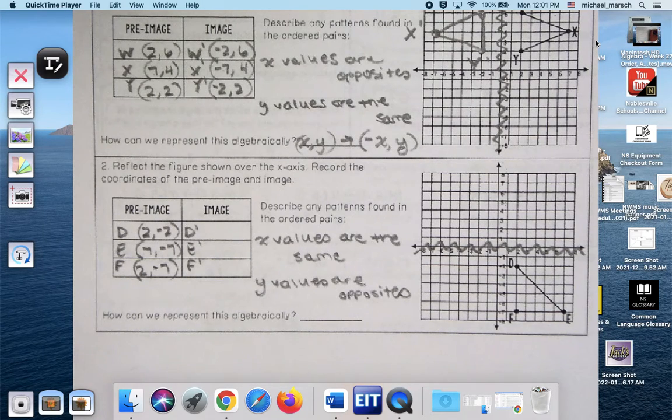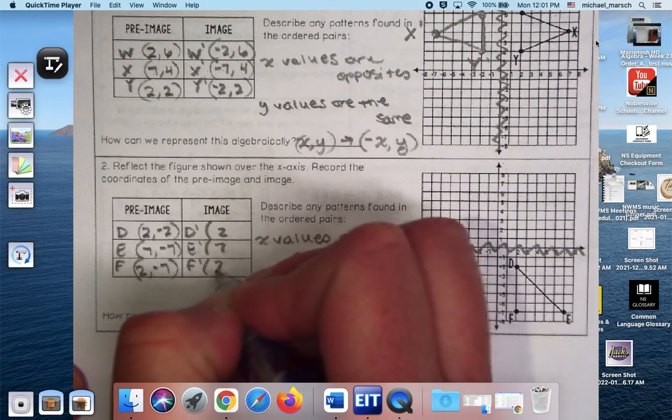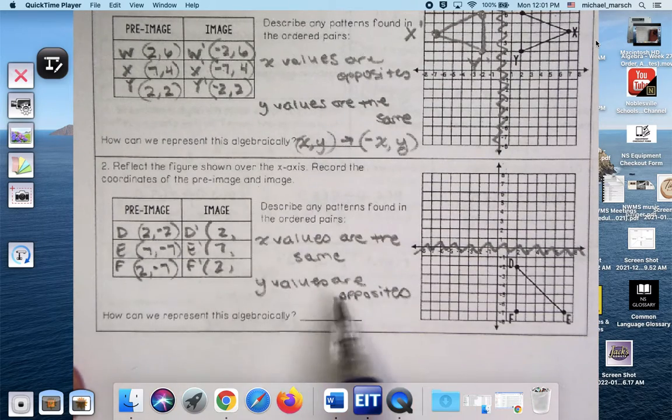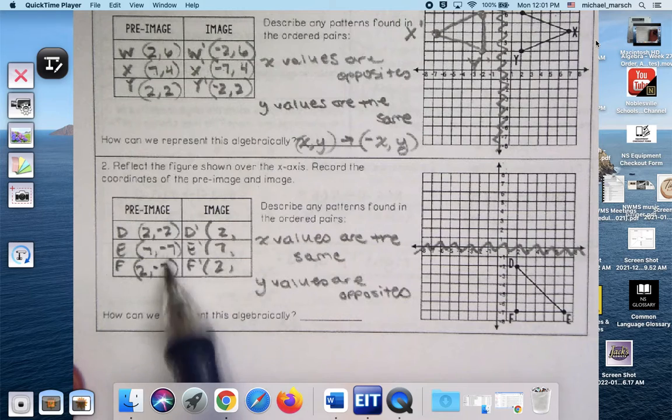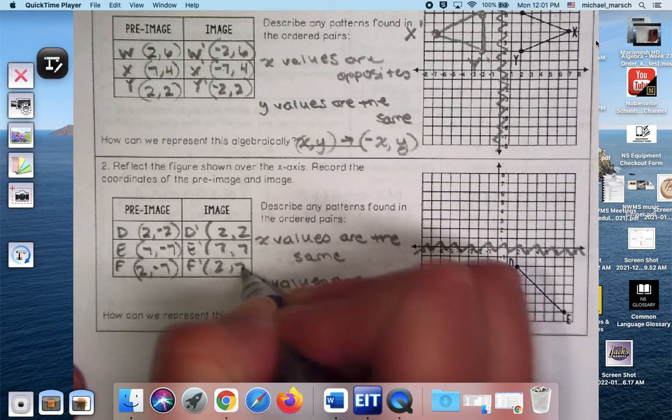My x values are going to be the same, so I'm going to have 2, 7, and 2. And my y values are all going to be opposites, which means Hannah is correct. These will also now be positives: 2, 7, and 7.